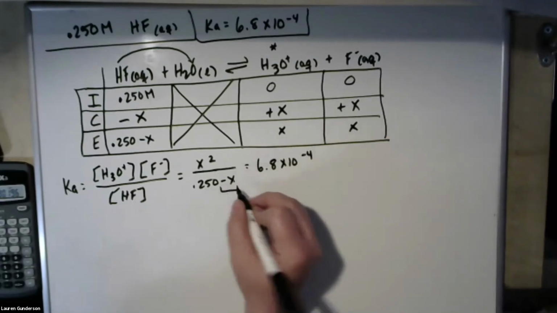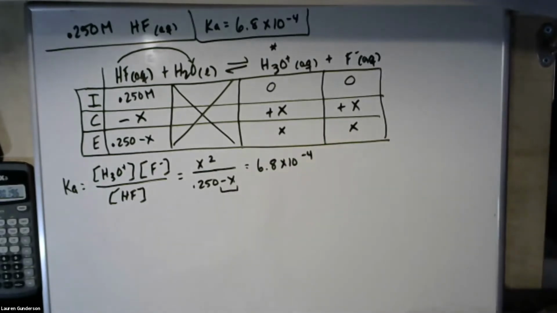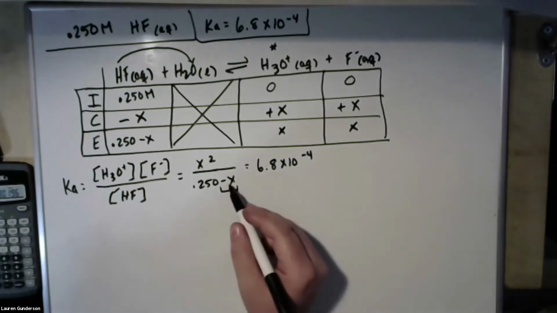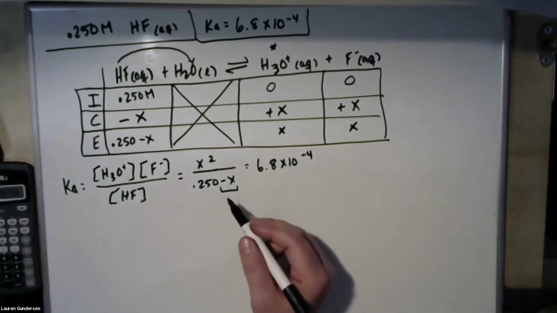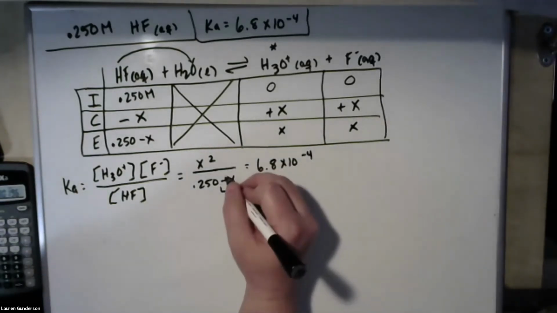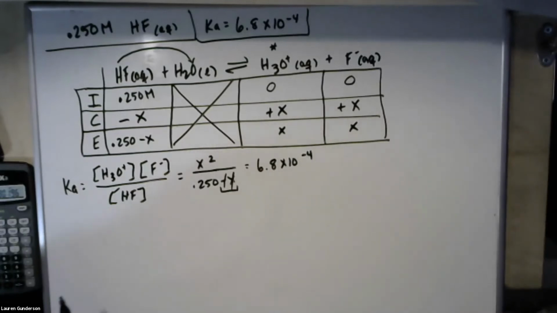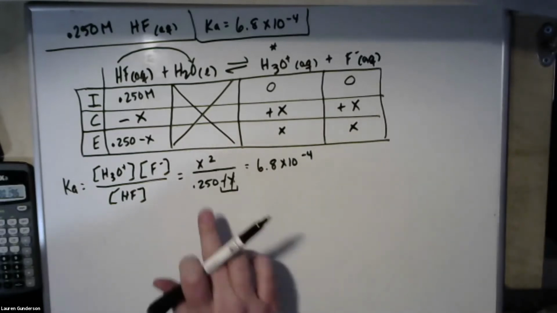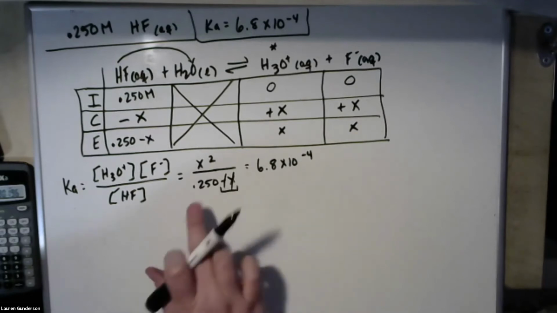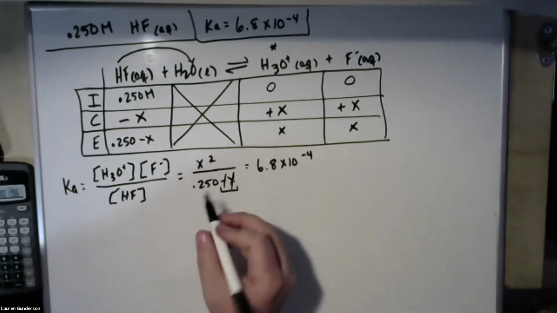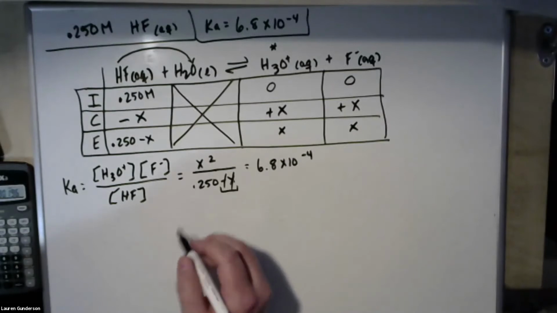With all your weak acids, you're at least going to try this X is small approximation every time. So we'll try to cancel it out and we'll see if we can solve that way. So I'm going to multiply 0.250 by both sides so I can get it out of the underneath of the fraction here.